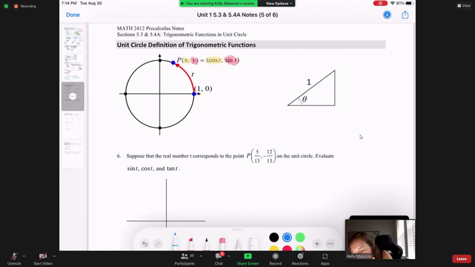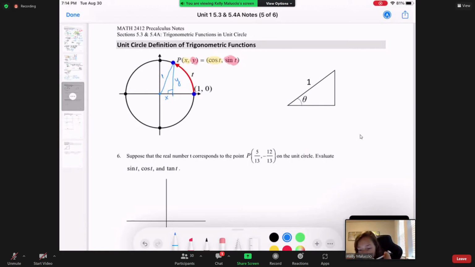If I draw a line to the center and drop it down to make a right triangle, my X value is here, my Y value is here, because X is how far you go left or right, Y is how far you go up or down. And then I know that my hypotenuse has to be 1 because I'm on the unit circle.